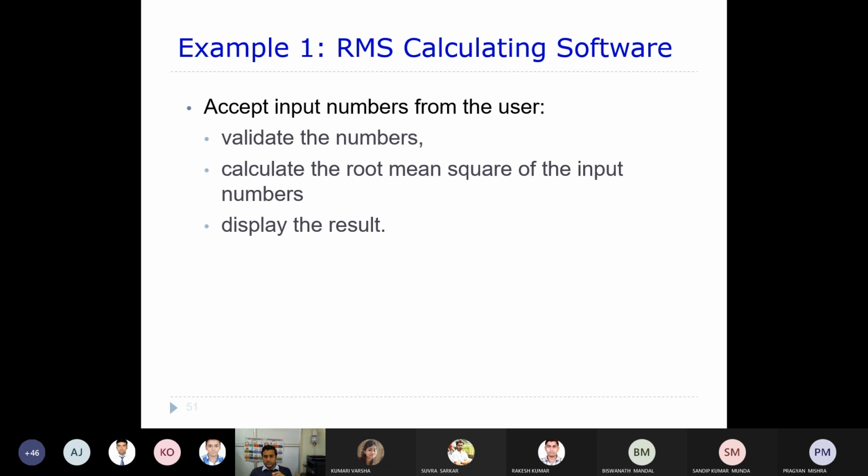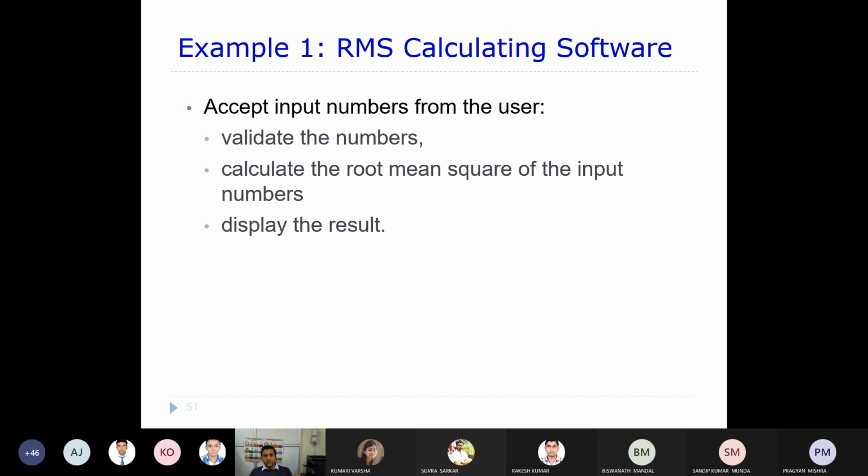If the value falls between these two extremities, only then do you consider it a valid input.